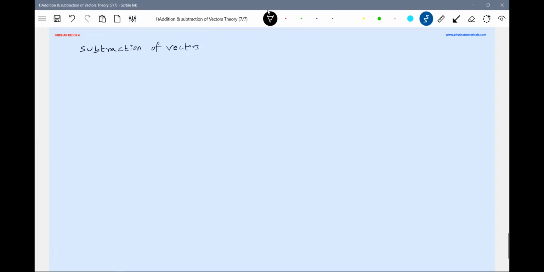We know how to add. Now at the same time, we are going to learn how to subtract a vector. So there's a vector a bar.